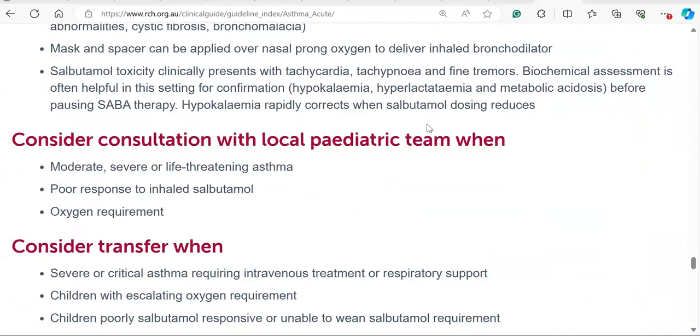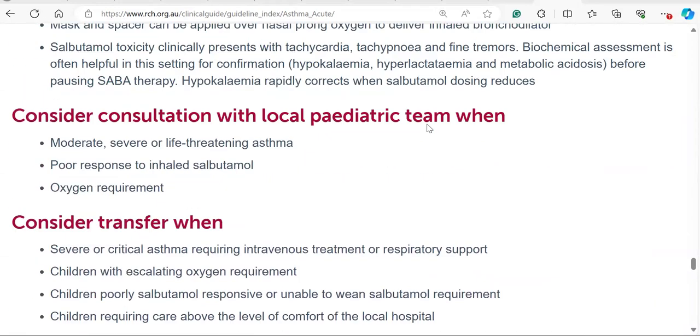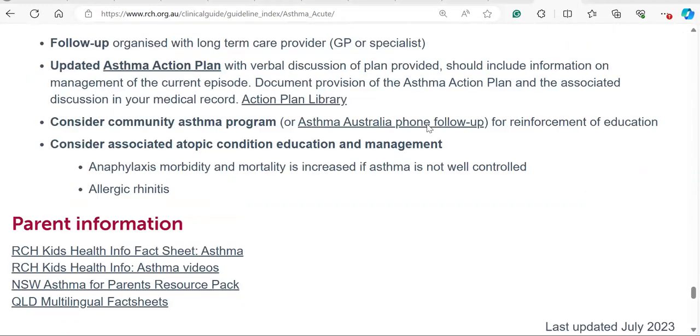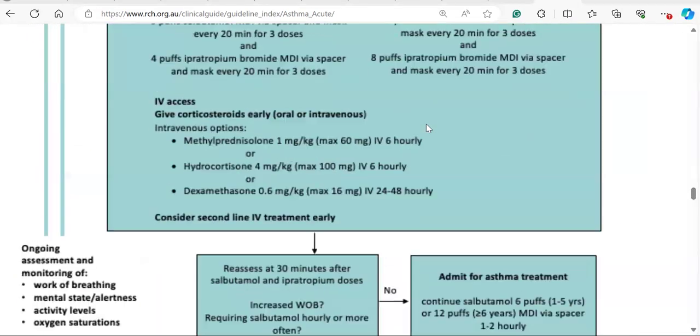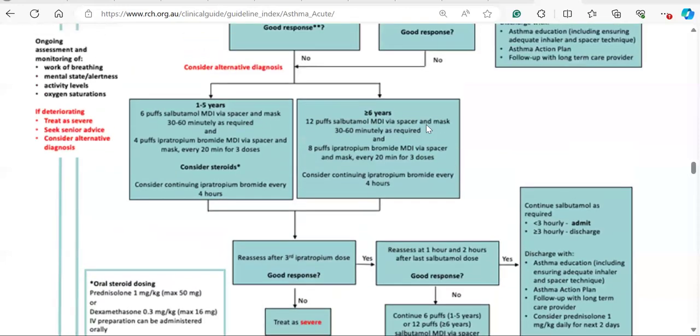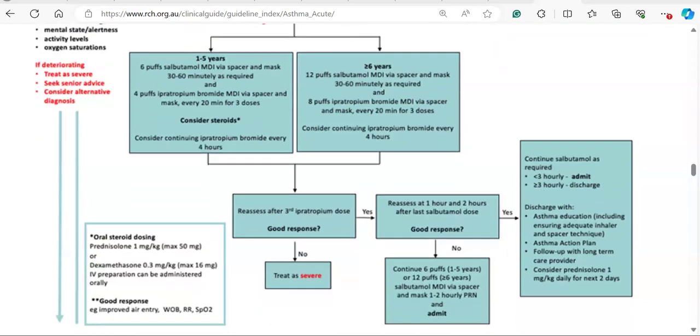So in case of a moderate asthma, salbutamol and steroid will be your initial medication. If it is severe or life-threatening, then salbutamol plus ipratropium at the same time and then steroid.